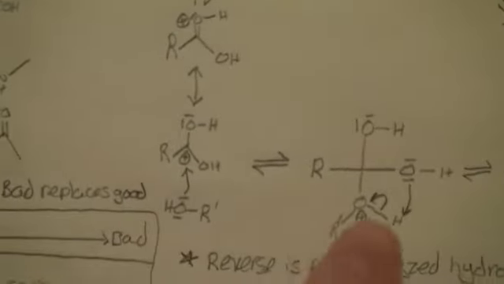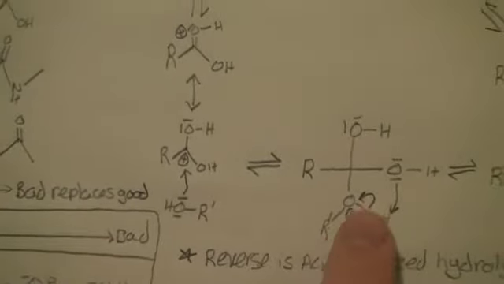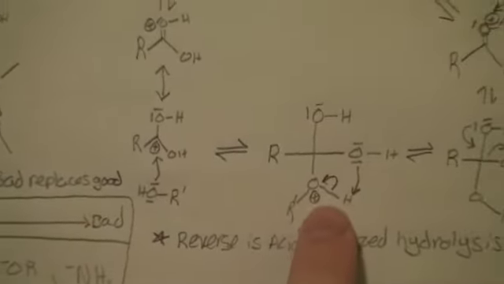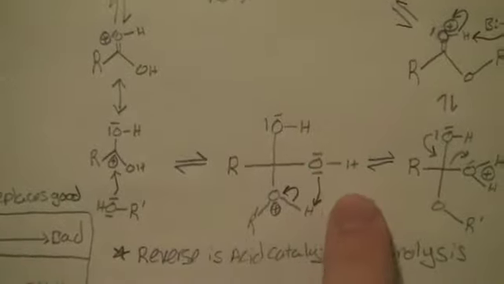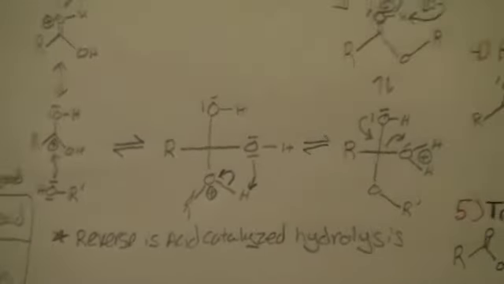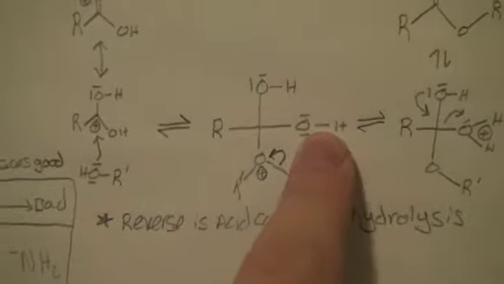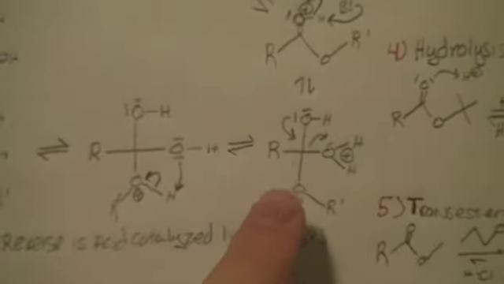That goes to this, your alcohol that's already attached, and it has a positive charge there. You have 2 leaving groups on this tetrahedral intermediate, so essentially you're going to swap the hydrogen, which is the important part, over to water here to make that the leaving group instead of this.